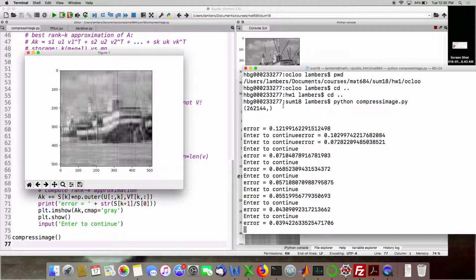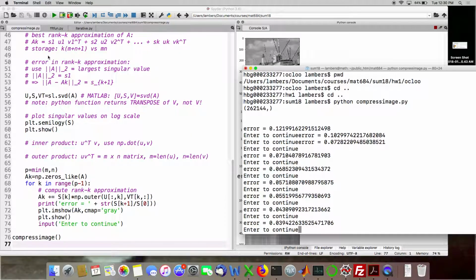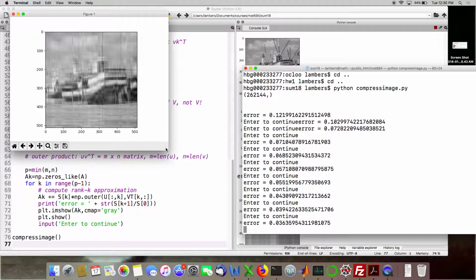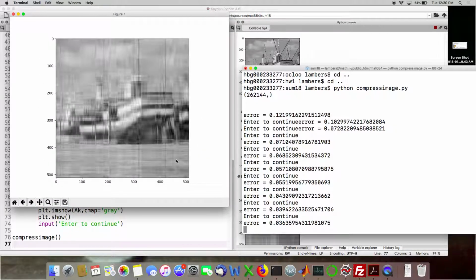All right, so how many singular values do we have? 1, 2, 3, 4, 5, 6, 7, 8, 9. Let's do one more. Okay, so this is a rank 10 approximation. You can kind of see a boat in there. We're down to 3% error, but let's get it down to 1.